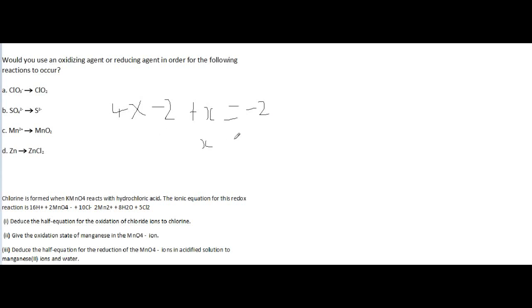You can say that x is equal to negative 2 plus 8, i.e. x is equal to 6. So sulfur over here is plus 6, but over here the sulfur is 2 minus. Therefore the sulfur was reduced and you need an oxidizing agent to do this reaction.